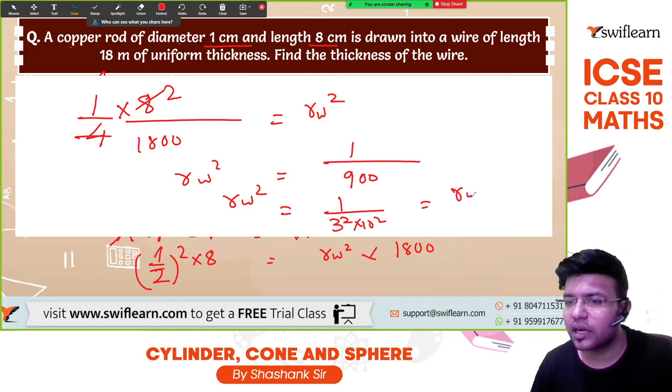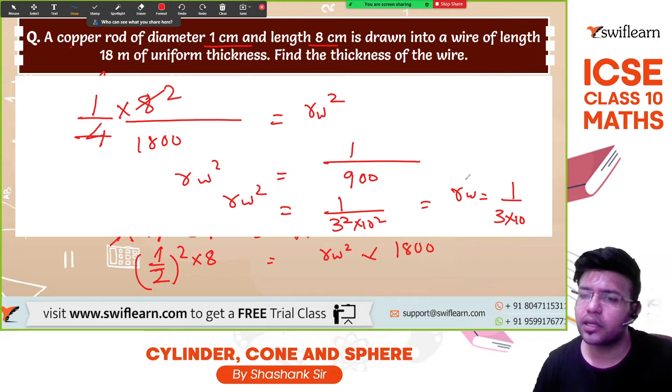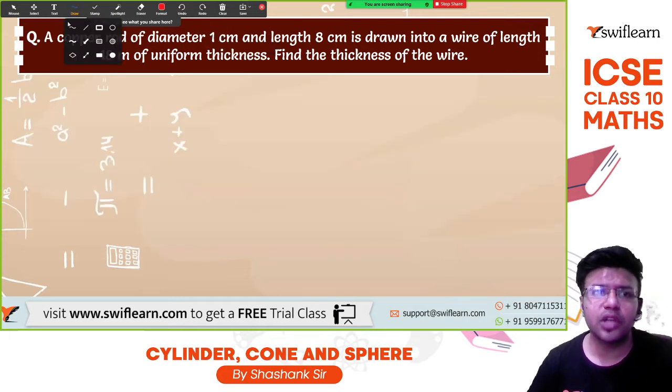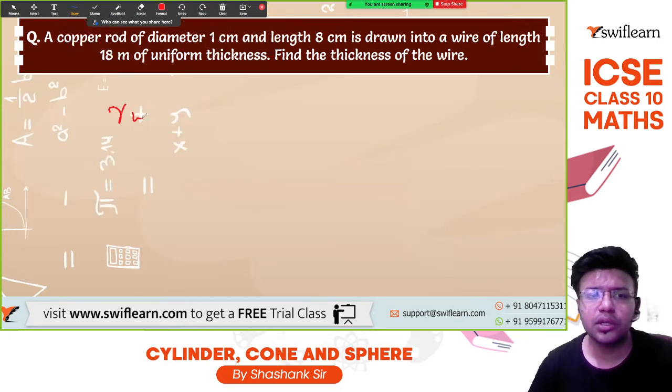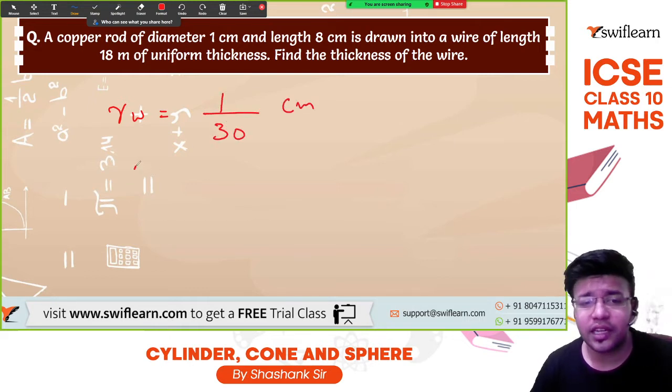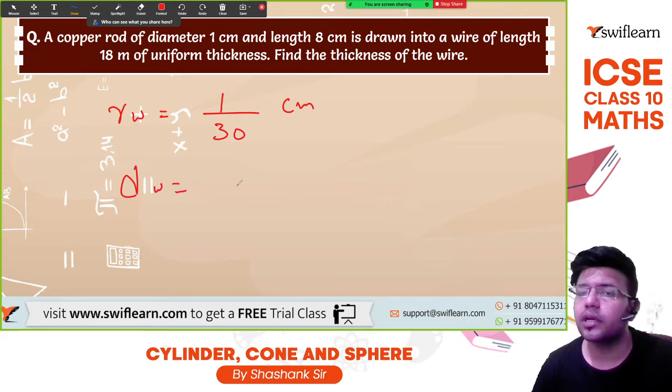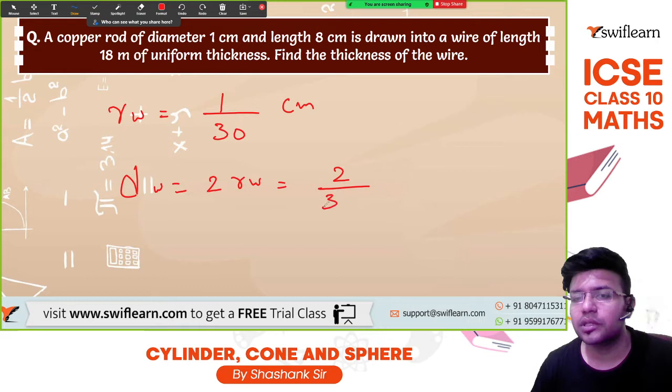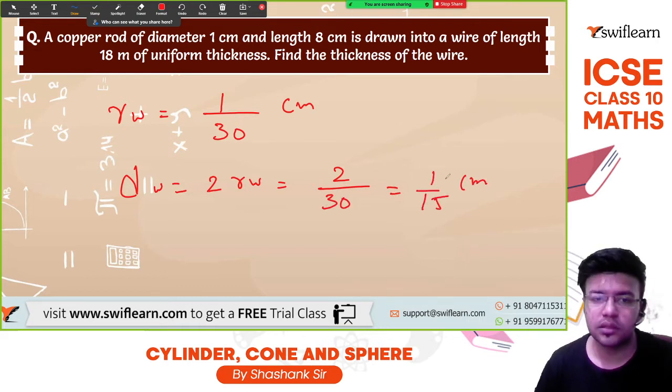So RW is equal to 1 by 3 into 10, which is 1 by 30. Radius of the wire is 1 by 30 centimeter. Now you want the thickness. Thickness is nothing but diameter. TW is 2 times RW, which is 2 times 1 by 30 is equal to 1 by 15 centimeters.